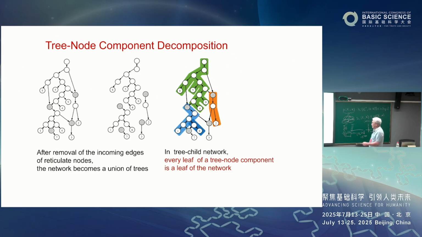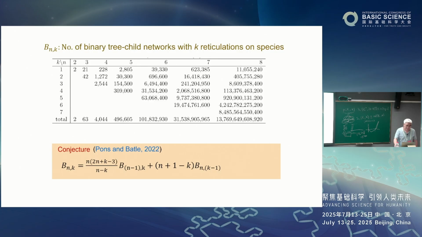You have some tree components and you just stack them together. This is a tree component. You just insert the 2 parents of this node into 1 or 2 components above. Then you can see this is the count of the tree child networks. So the numbers are smaller now. It's very interesting.